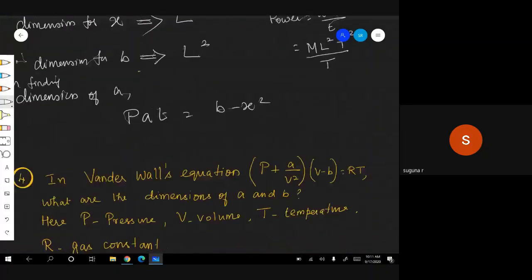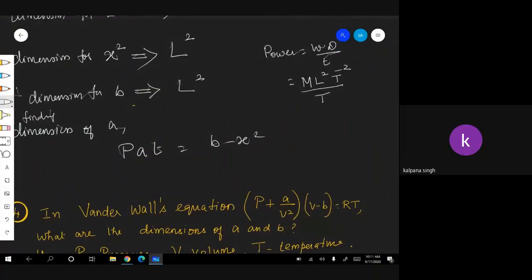Okay. Yes, ma'am. What you want is the dimension for A only. Therefore, A is equal to B minus X squared divided by PT. So the formula now you know.